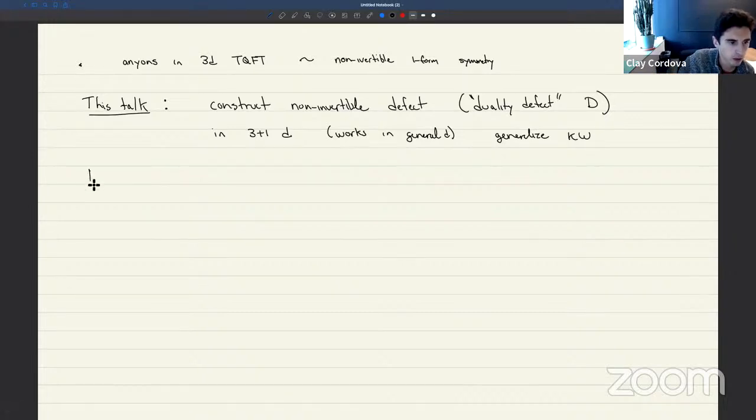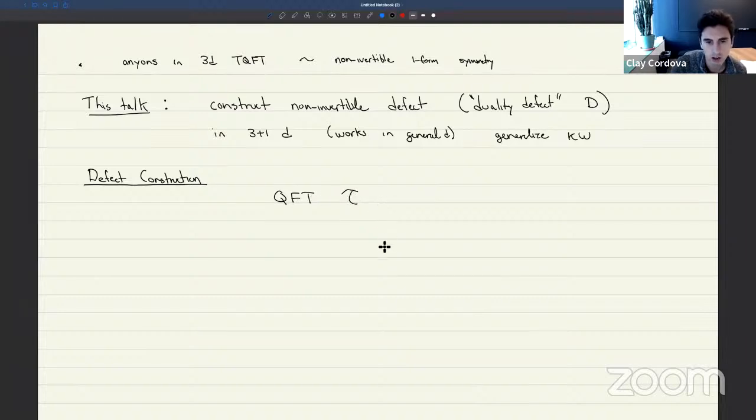So let's proceed with the defect construction. We'll begin with some QFT, some theory, we'll call it T. And this is a theory with some symmetry G^(Q).